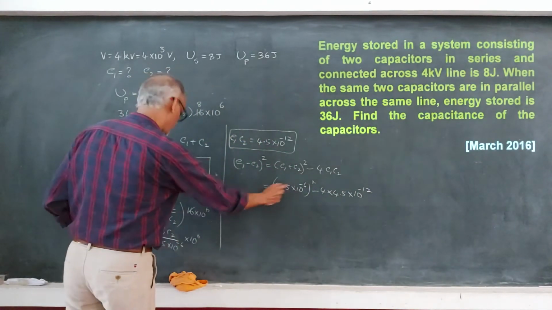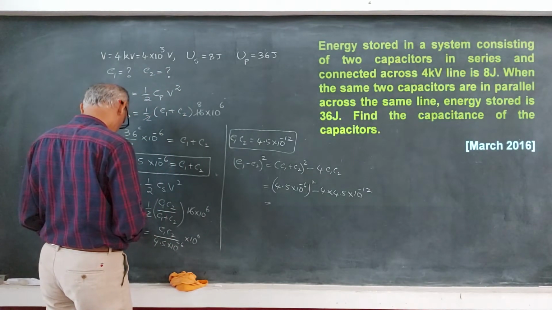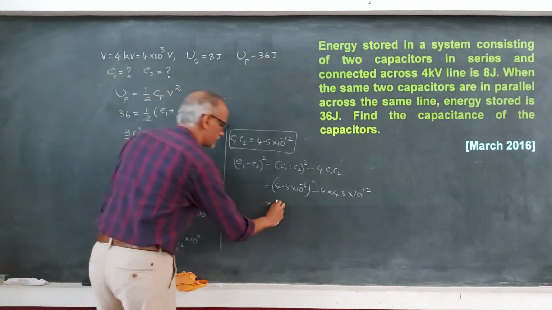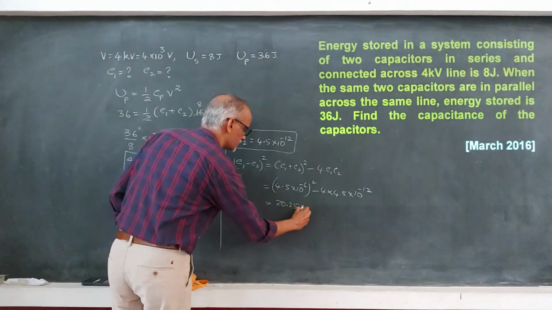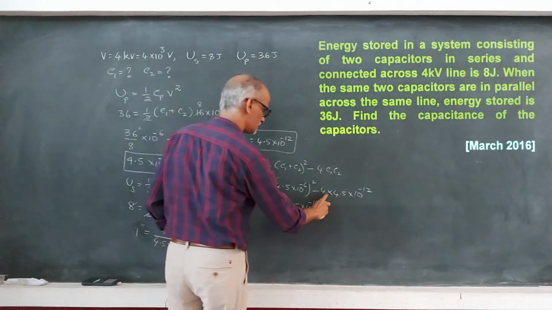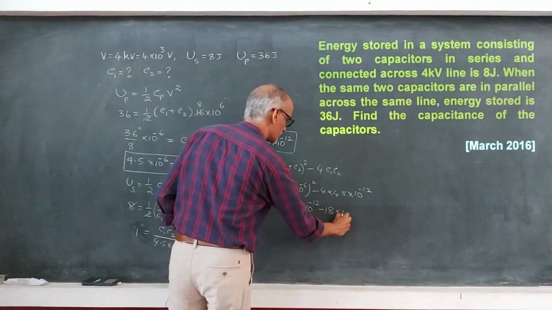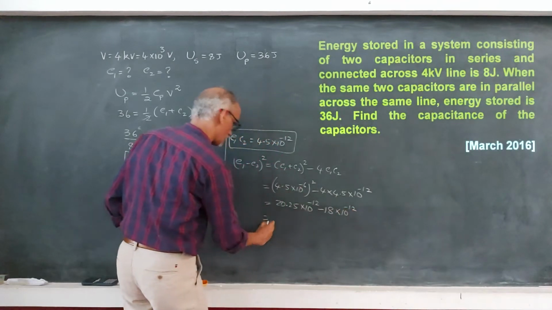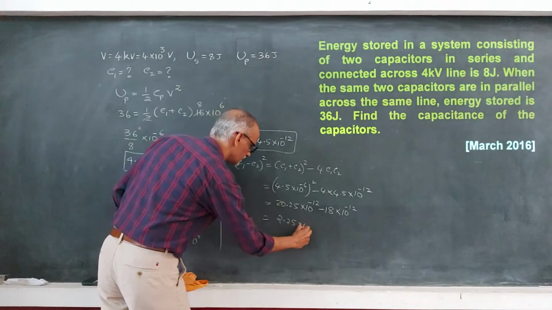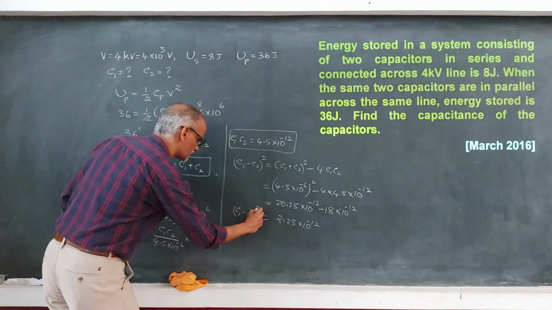Now this 4.5 square is 20.25 into 10 to the power minus 12 minus here 4.5 4 times, that is 18 into 10 to the power minus 12. Now 20.25 minus 18 is nothing but 2.25 into 10 to the power minus 12, but that is C1 minus C2 the whole square.